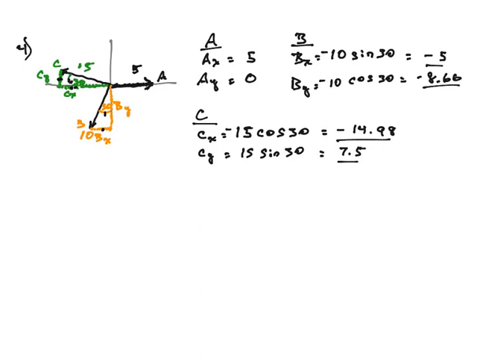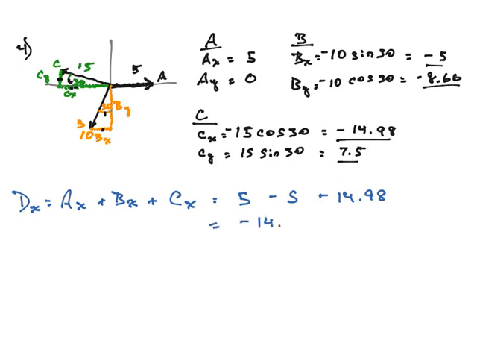All right, now the hard work is done. We've broken all three of our vectors into the x and y components. Now all that's left to do is use those components to get the x and y component of my final vector, vector D. So DX is AX plus BX plus CX, which is 5 minus 5 minus 14.98. So I get negative 14.98 as the final x component.